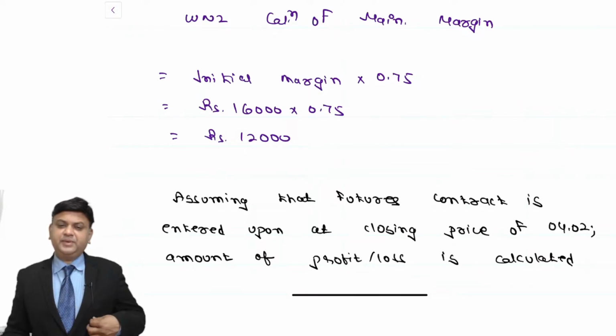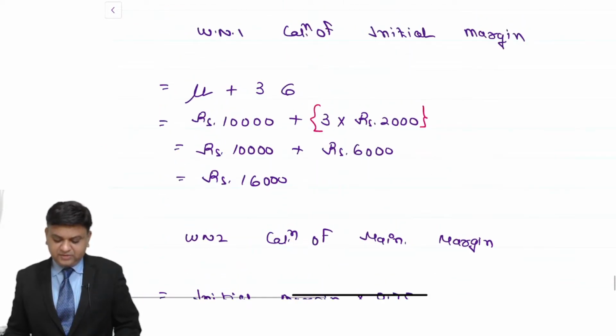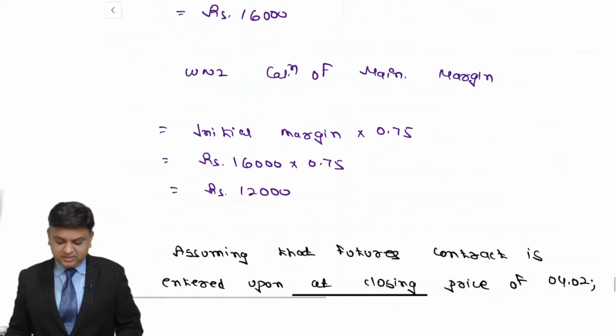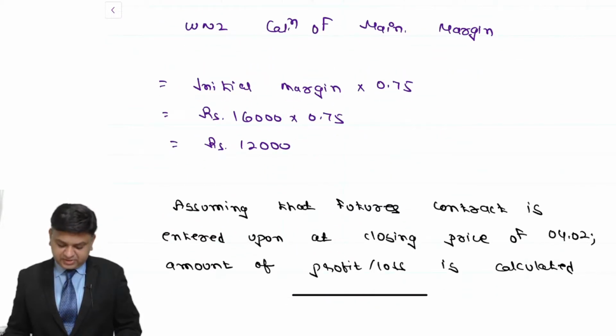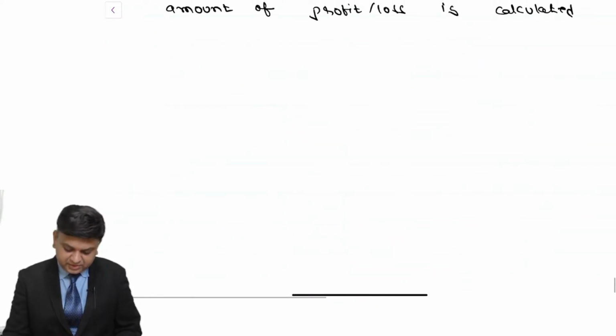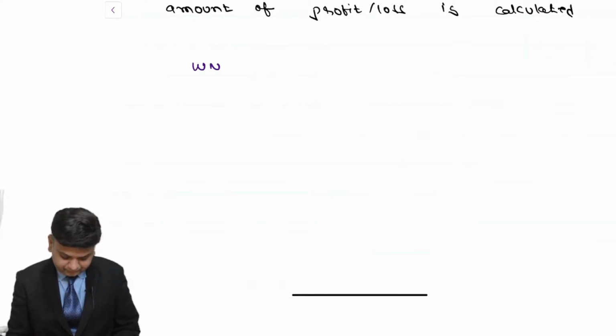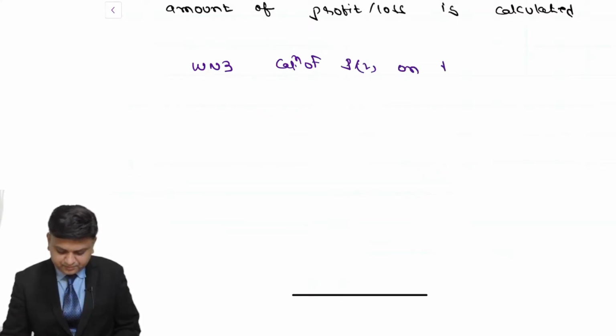So we already have prepared the two working notes. The first working note is initial margin, the second working note is maintenance margin. Working note number 3 will be calculation of the profit or loss on daily basis.